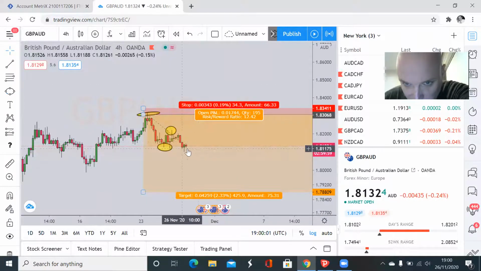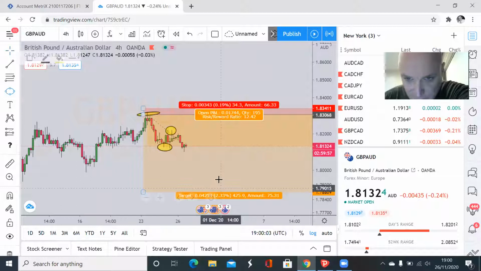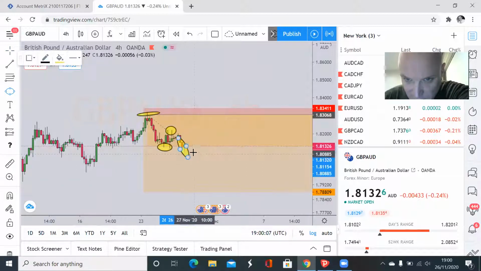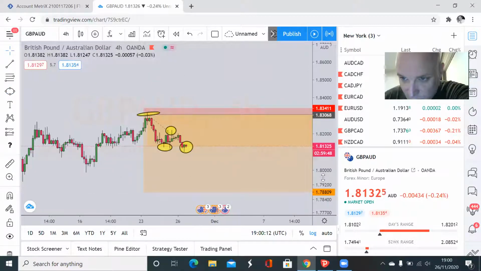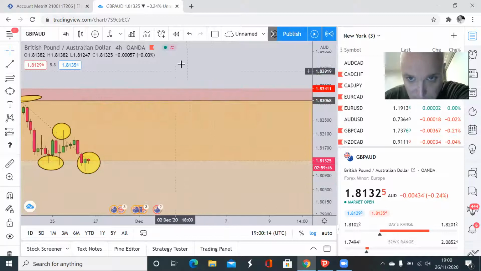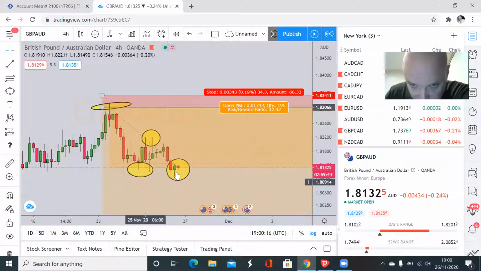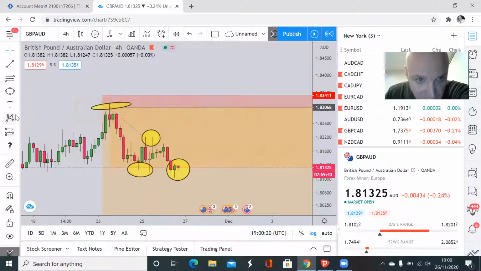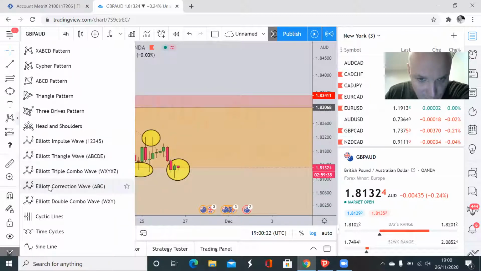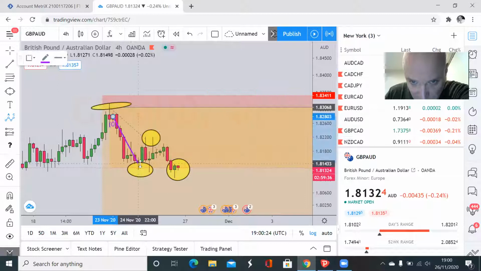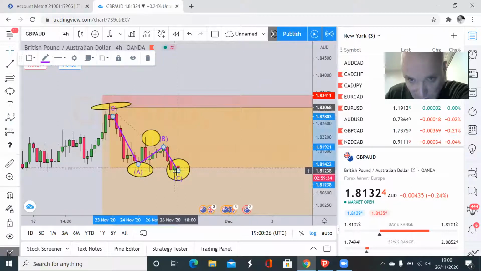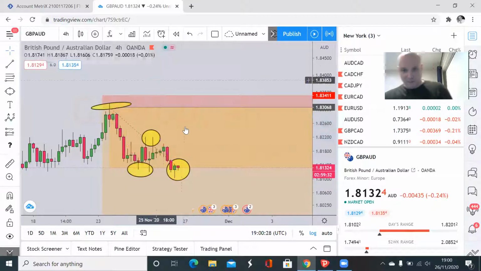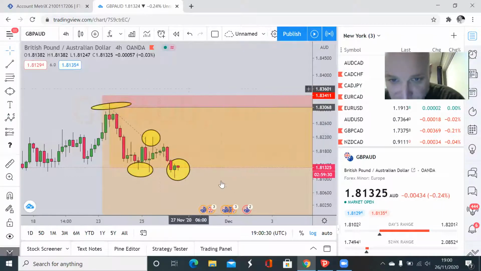So what we're doing is, if you look at this one here, where we currently are, you look at this area right here, okay, and if we just make this a bit bigger, you can see from this area here, we've got like an ABC pattern maneuver. Go A, B, C. Okay, we're having a maneuver down. So we've identified the trend as moving down.